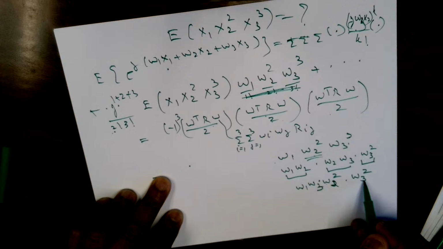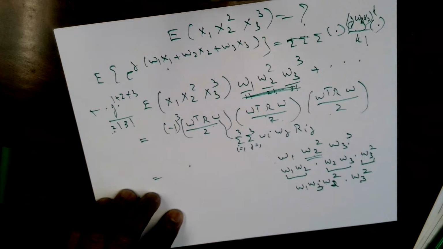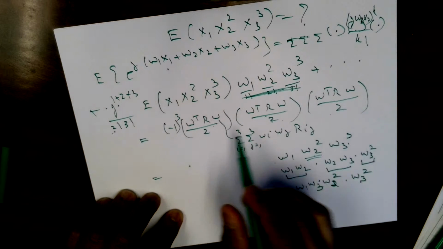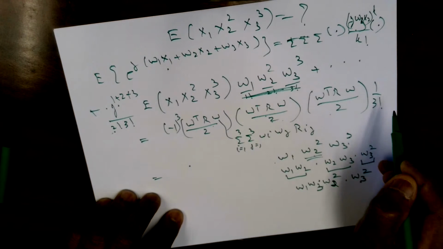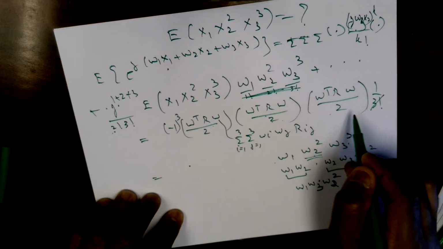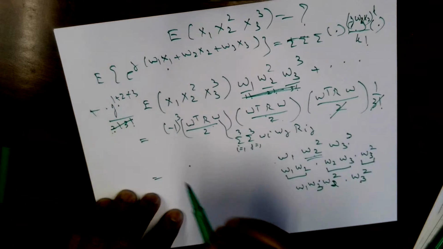So again, you need three terms. So the right side will be, because it is three terms, you also have 1 over 3 factorial.